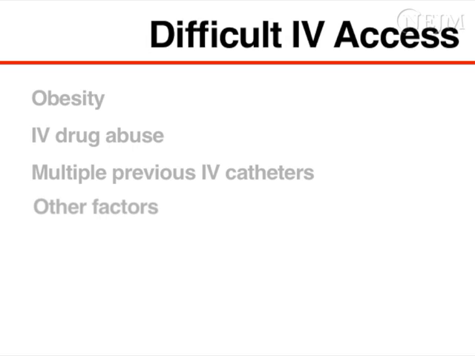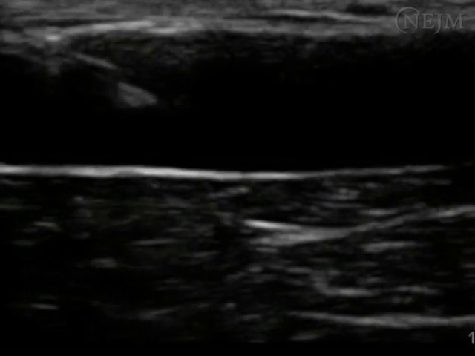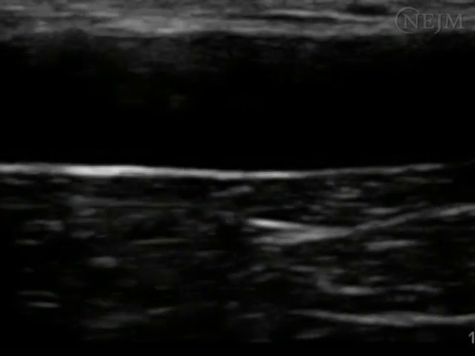IV access may be difficult because of obesity, IV drug abuse, the placement of multiple previous IV catheters, and other factors. In these situations, ultrasonography can facilitate IV catheter placement by allowing visualization of veins that are not apparent on physical examination.